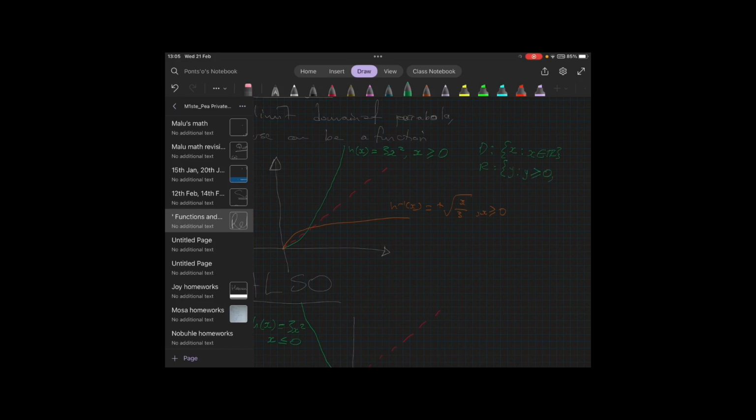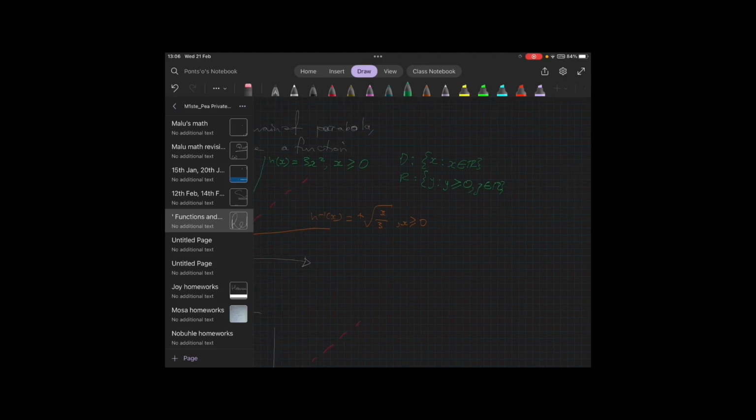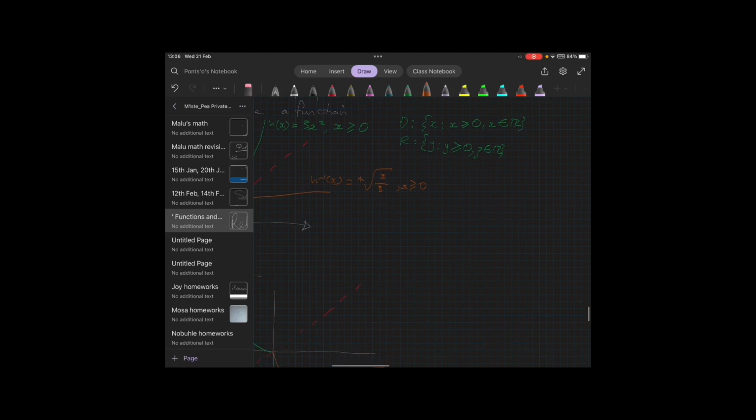Set of y values such that y is greater than or equal to 0 and it's an element of real numbers. I think I should also have the same x is positive thing. So it should be x is positive and x is also a real number.